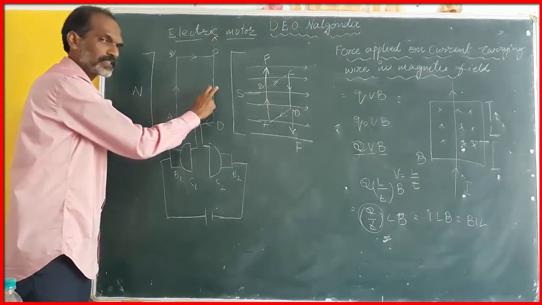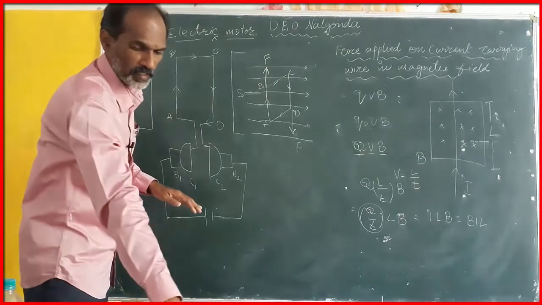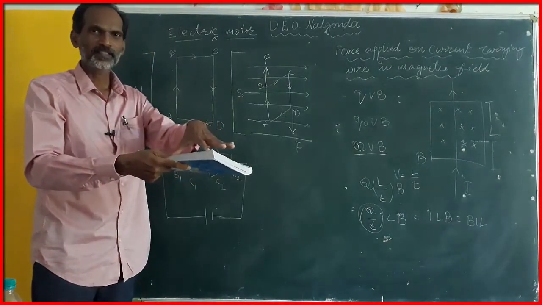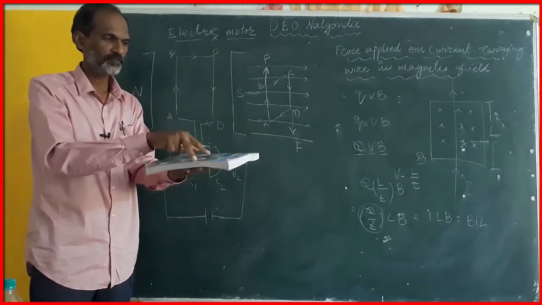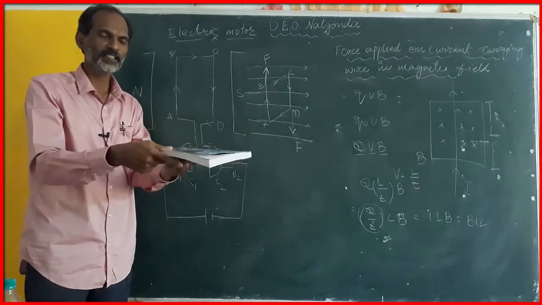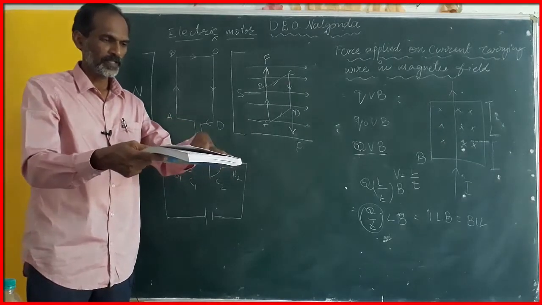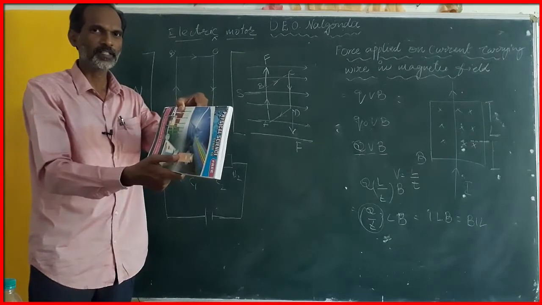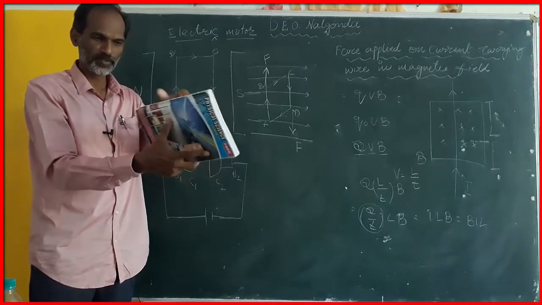As the direction of electric current is changed, as I have shown earlier, this is AB and this is CD. For the first half of the rotation it turns like this. I will explain once. Actually it rotates from here through 90 degrees. Due to the law of inertia, it continues its motion and comes to this place.